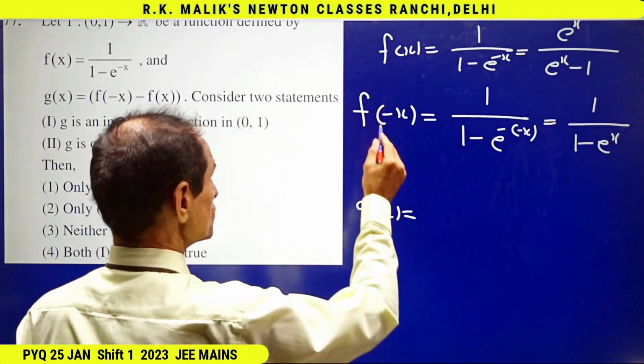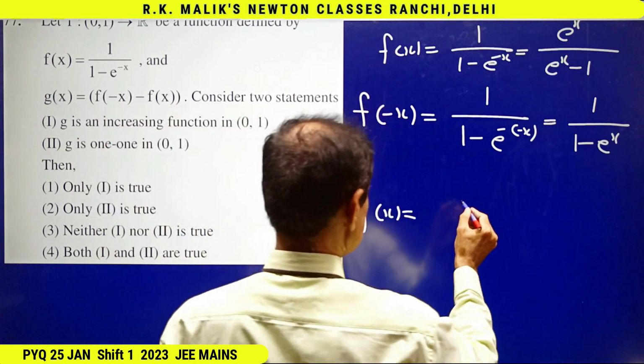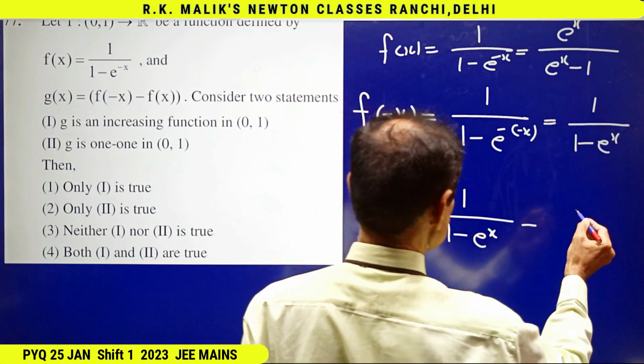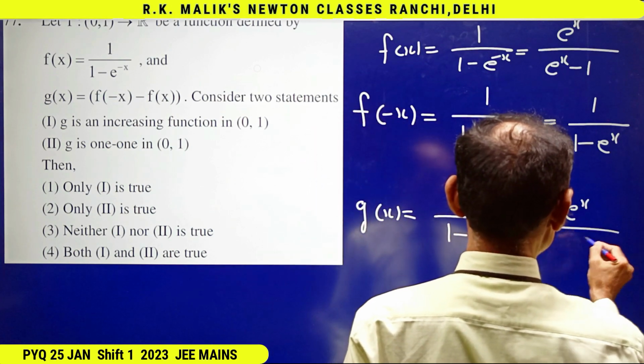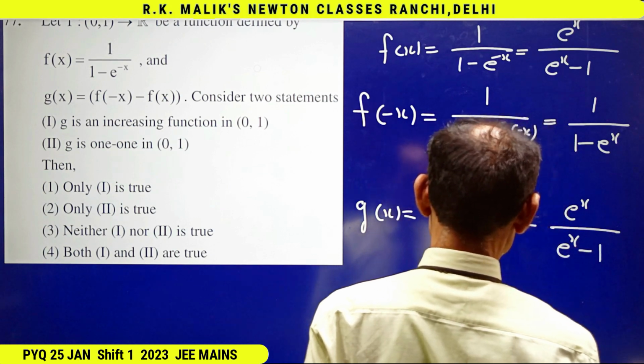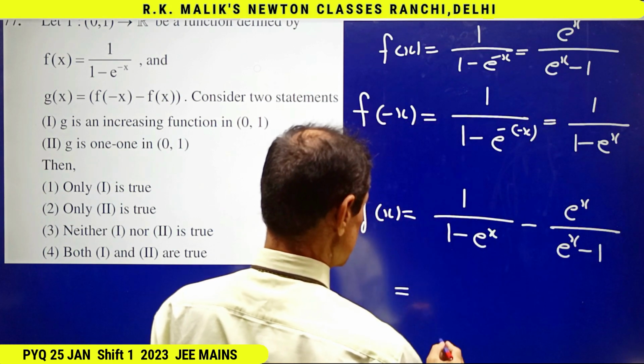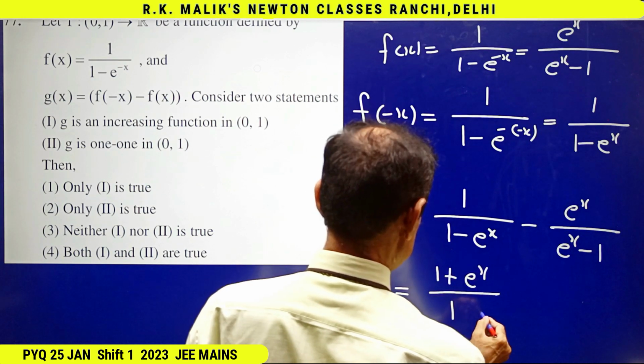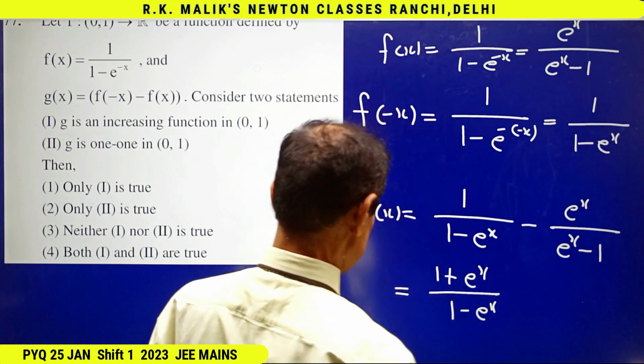g(x) is equal to this minus this, that is 1 upon 1 minus e to the power x minus e to the power x upon e to the power x minus 1, that is 1 plus e to the power x upon 1 minus e to the power x.